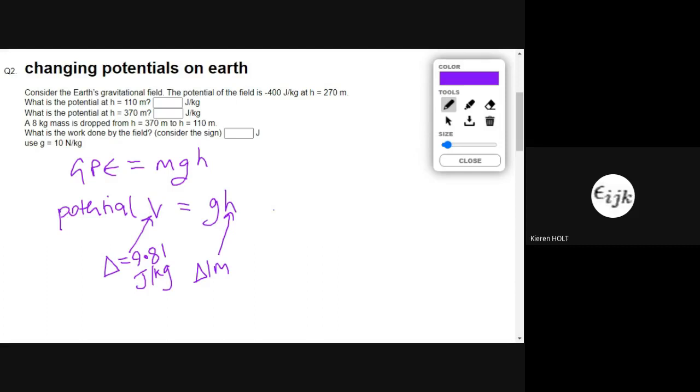So we set 270 meters to minus 400 joules per kilogram, and 271 meters would be closer to 0. Hang on, let me think about it. Is there more or less potential?